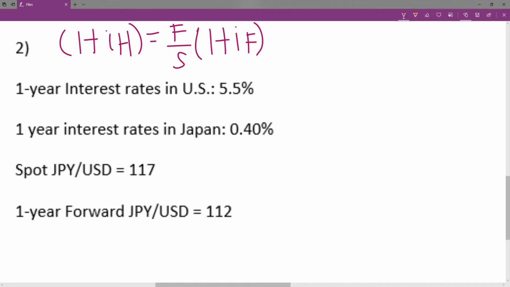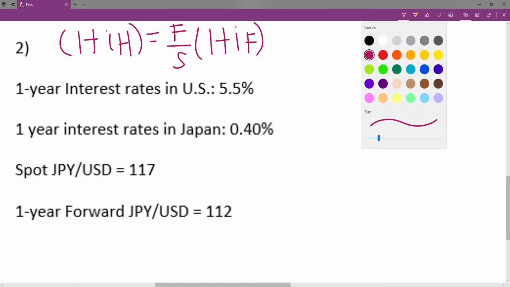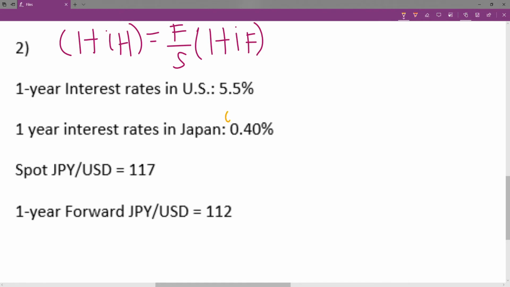So we need to convert these interest rates to decimals. So when converting the interest rate to decimals, the Japanese yen is going to be 0.004, and then the US rate is going to be 0.05.